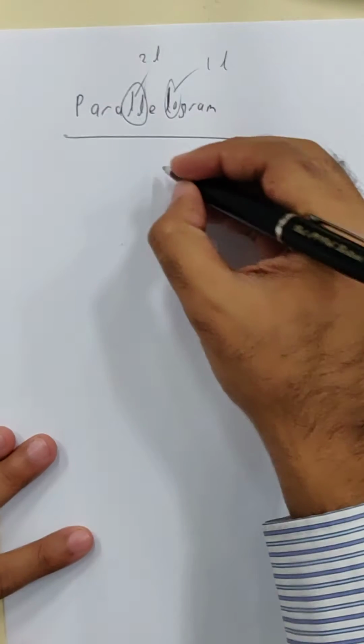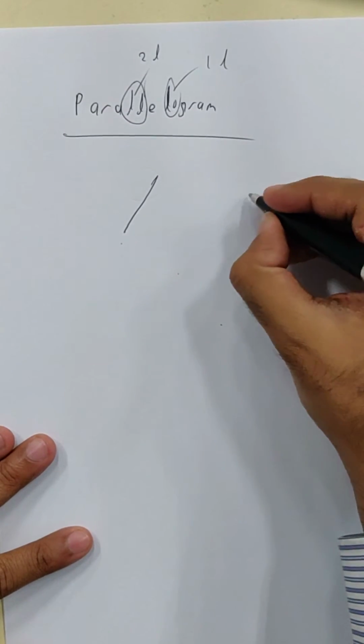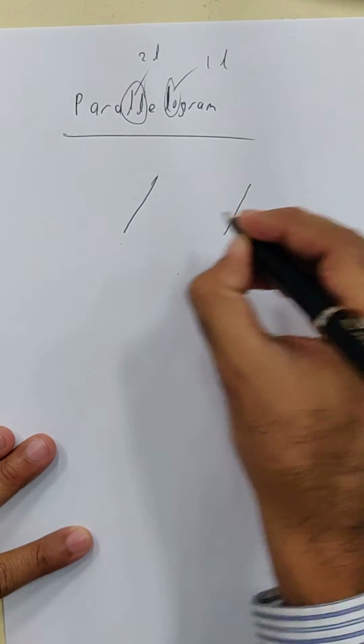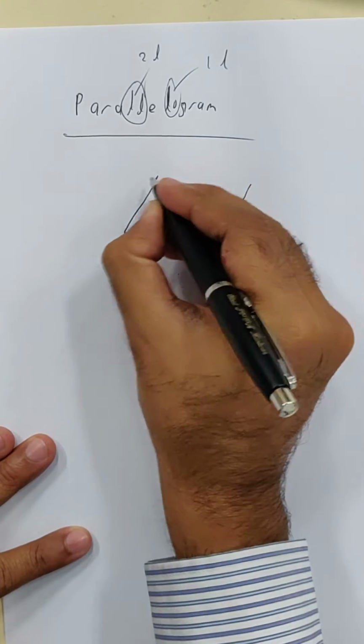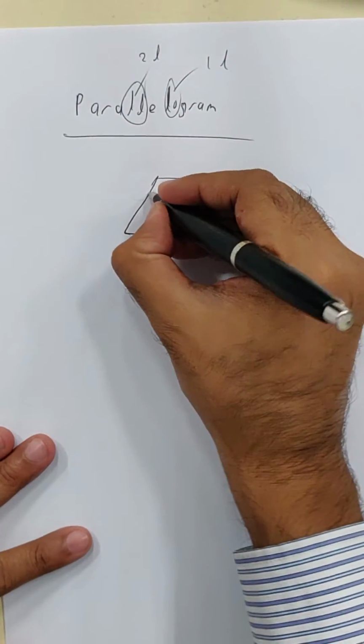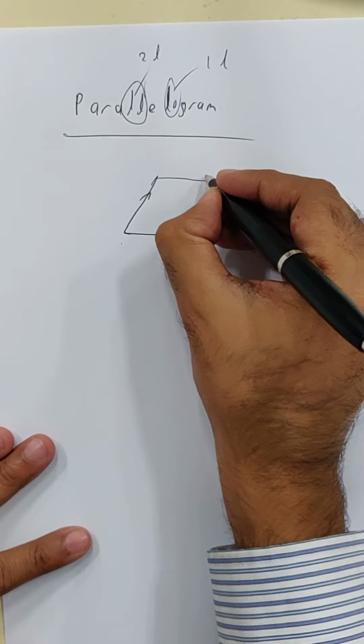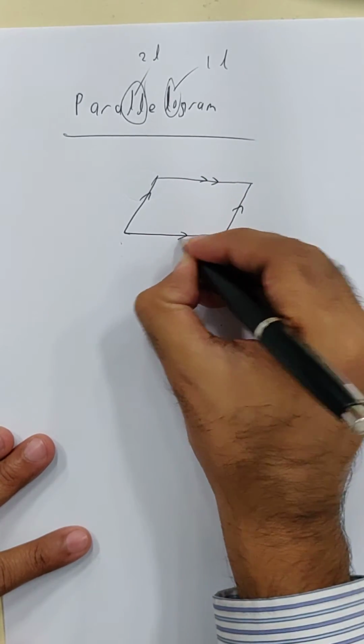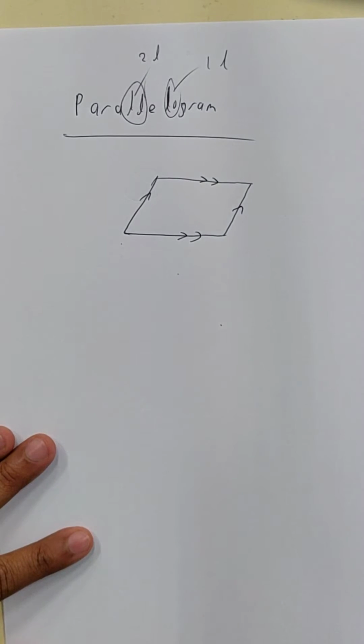Okay, what is a parallelogram? This side is parallel to this, and these two are parallel to each other.